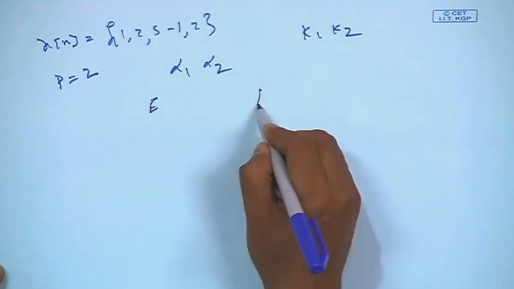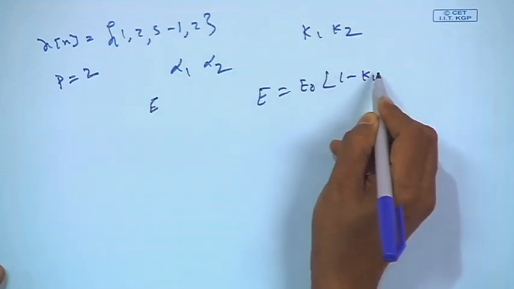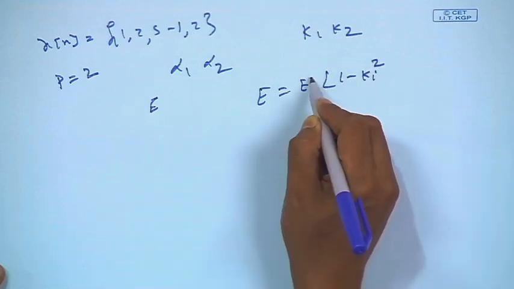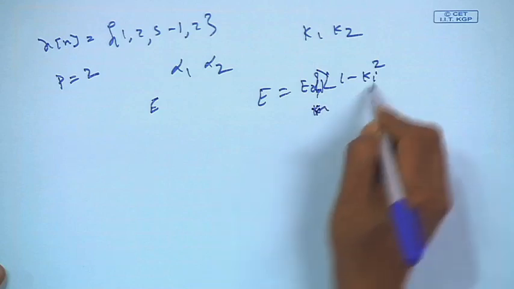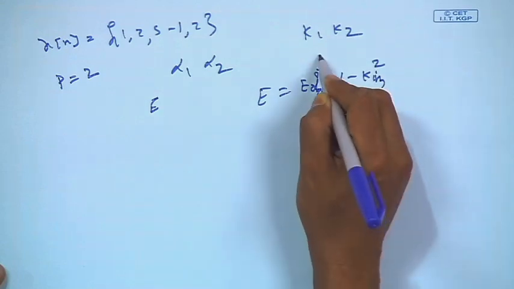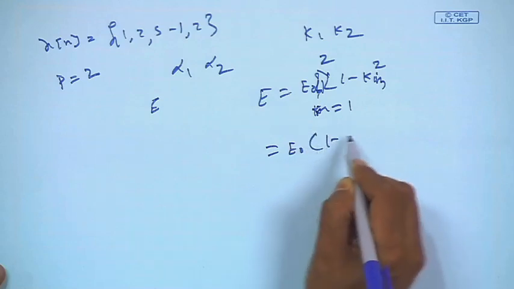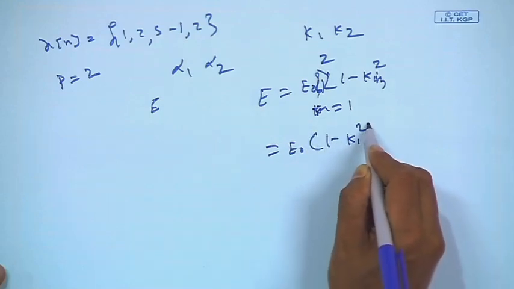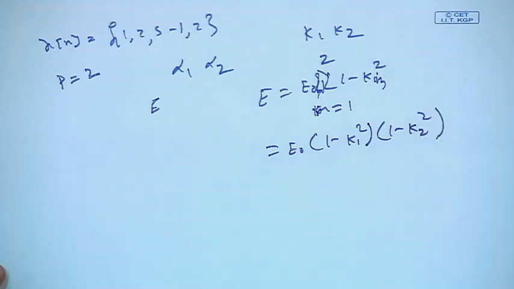E is nothing but E0 into the product of 1 minus ki square, where m varies from 1 to the order 2. So, it is nothing but E0 into (1 minus k1 square) into (1 minus k2 square).